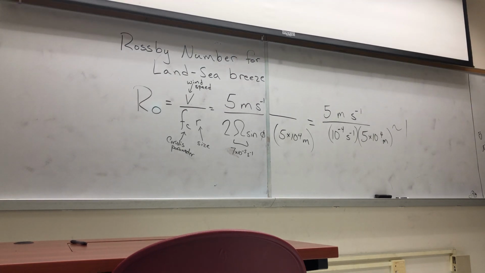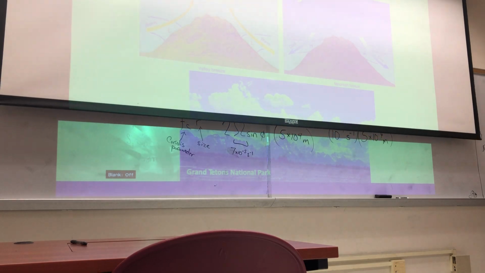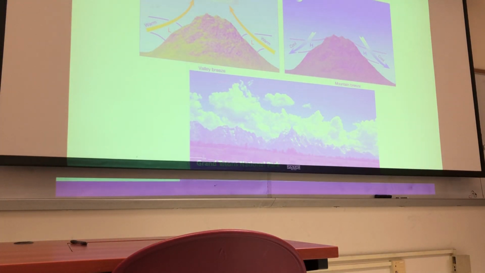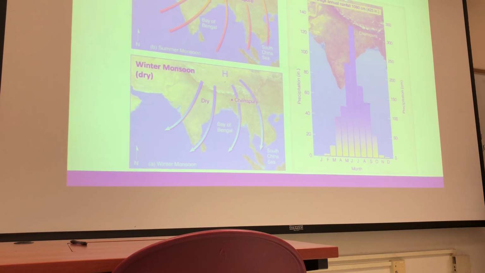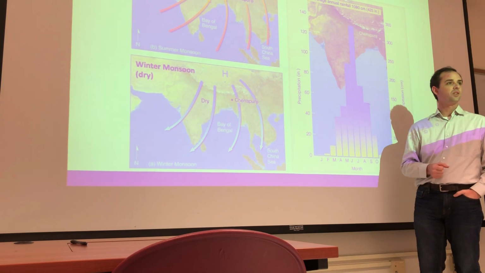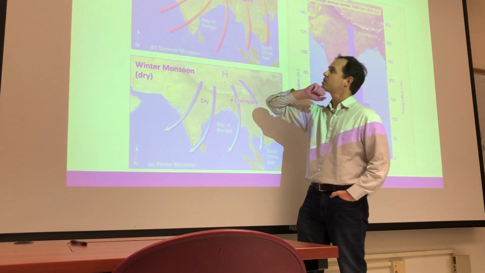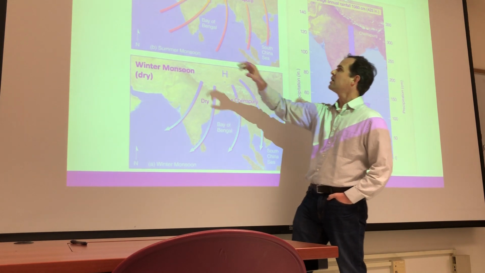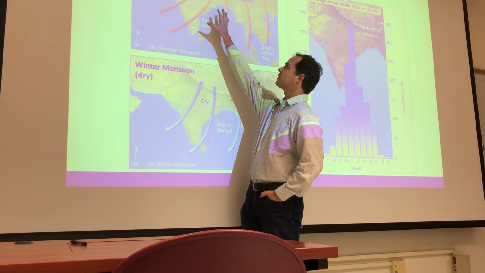Okay, so we have mountain valley winds that we showed here. We'll look at some other examples, so we're just going to larger and larger scales. If we look at monsoon circulations, also thermally direct, the classic case of a monsoon circulation is South Asia, where you have a continent that warms up.